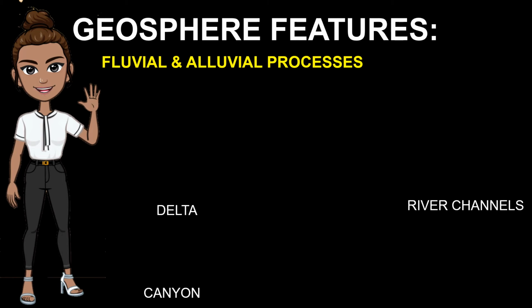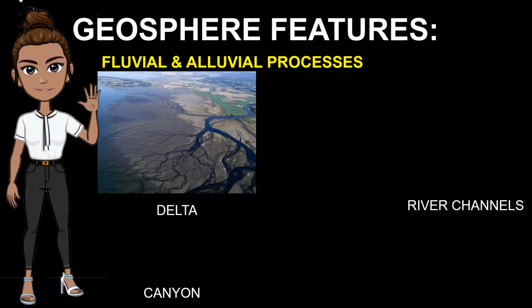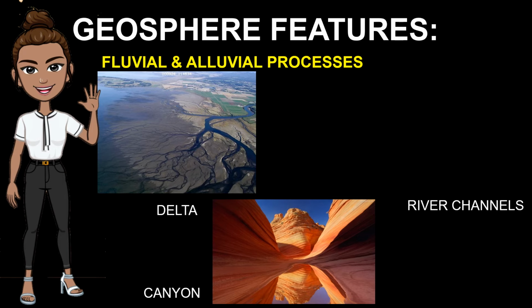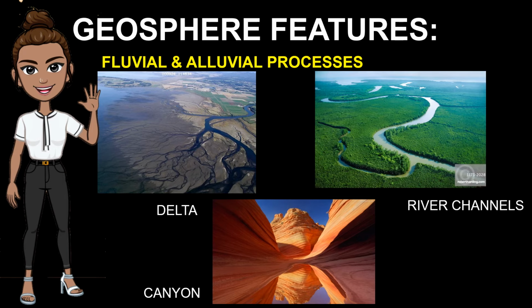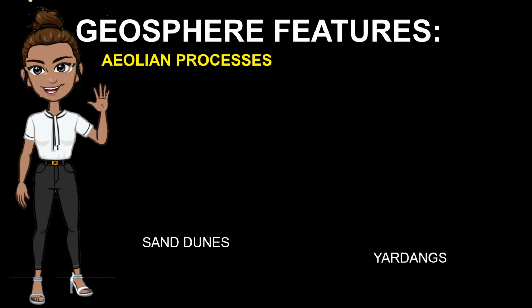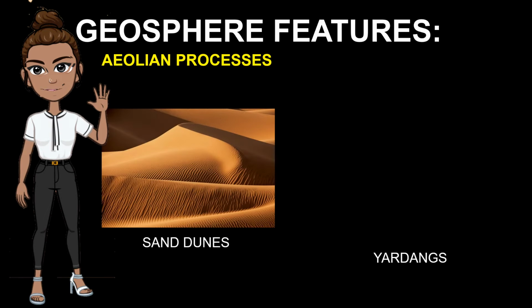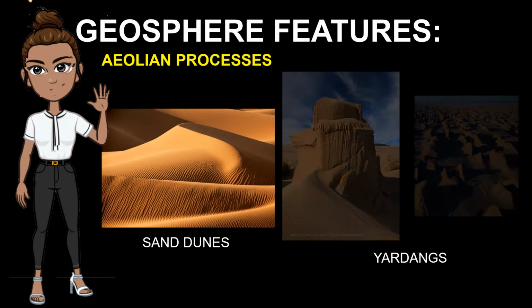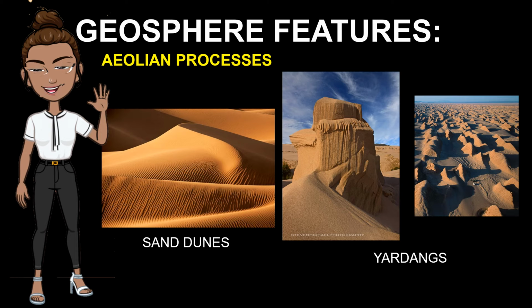Because of fluvial and alluvial processes, deltas, canyons, and river channels are made. And for the aeolian processes, the geosphere features that are made are sand dunes and yardangs.